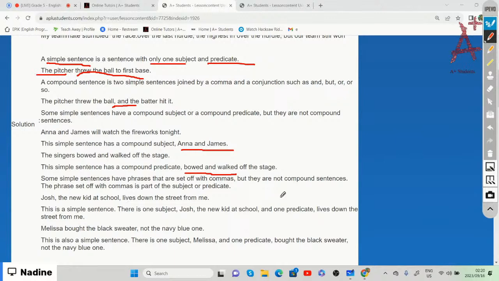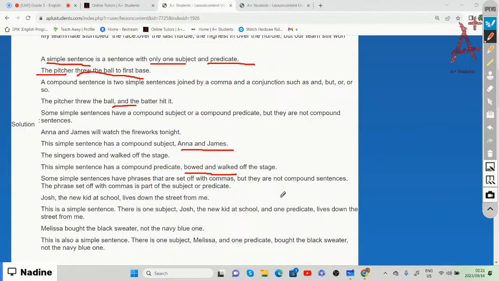So in this case, they are saying bowed and walked. The singers bowed and walked off the stage, because we could have just said that the singers bowed off the stage, or the singers walked off the stage, or they bowed and then walked off the stage. So yes, a compound predicate within that sentence.